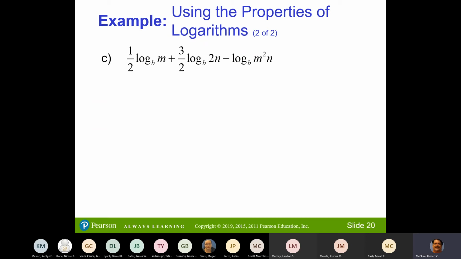Gives me 1.5 minutes and you 1.5 minutes. 1/2 log base b of m plus 3/2 log base b of 2n minus log base b of m squared n. All right, I'm going to give y'all till 9:58 or a little bit after that.